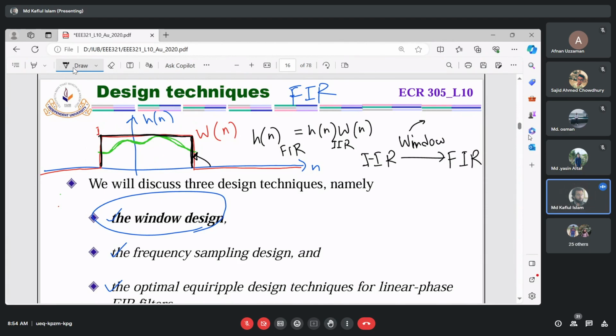Instant edge. So when you multiply this with your infinite duration impulse response to make it a finite duration impulse response, it actually creates high frequency content, because any edge that is very sharp or instant actually has high frequency, because it changes from high to low or low to high immediately, instantly, right?